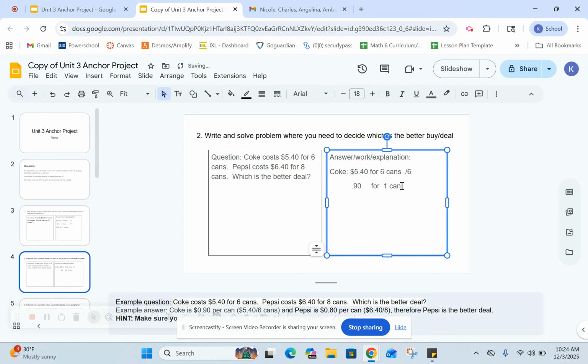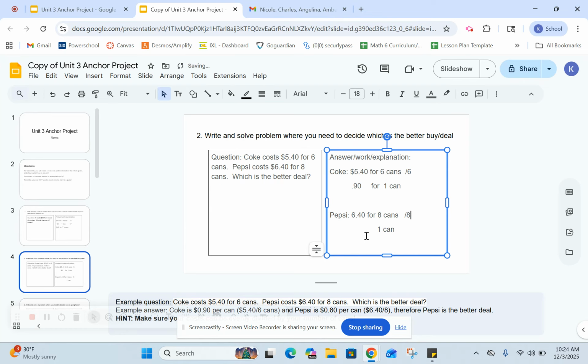All right, now let's look at Pepsi. Pepsi costs $6.40 for 8 cans. And we want to find the cost of 1 can. How do I go from the cost of 8 cans to the cost of 1 can? That's right, we divide by 5.